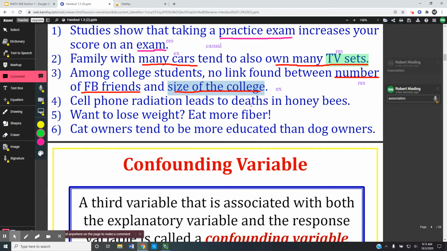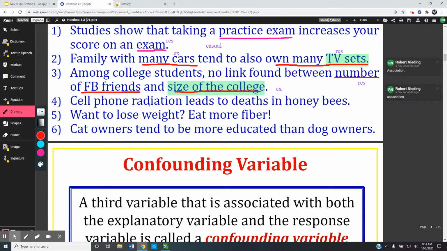Cell phone radiation leads to deaths in honeybees. Okay, so let's pick out the explanatory here. So first of all, cell phone radiation maybe has a response of deaths in bees, or deaths in bees somehow cause cell phone radiation. I think that we have to go with the phone radiation as the explanatory and the death in honeybees as the response.